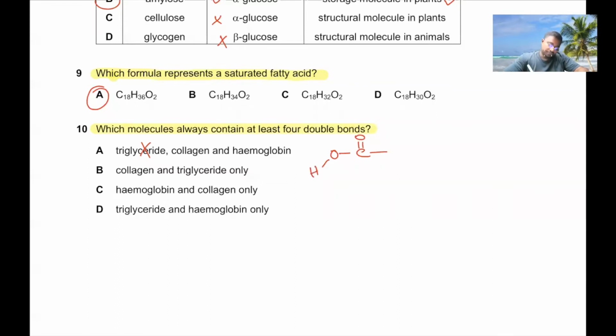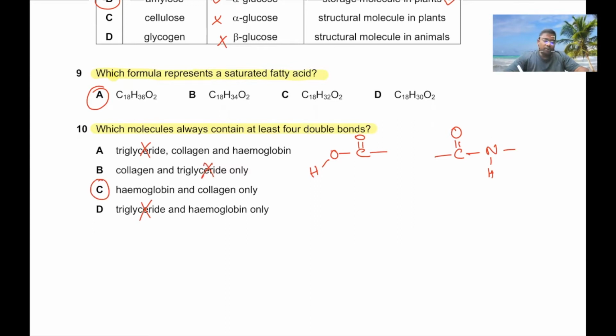Collagen molecule, more than three double bonds will be present. In protein, there will always be a C=O double bond and NH present. So any option that has triglyceride will be cancelled. All right, triglyceride will be cancelled. So C will be the correct answer.